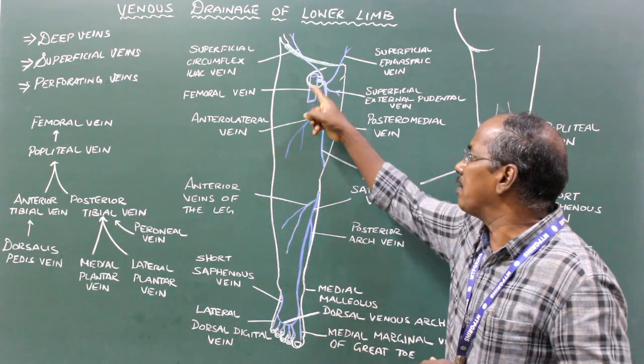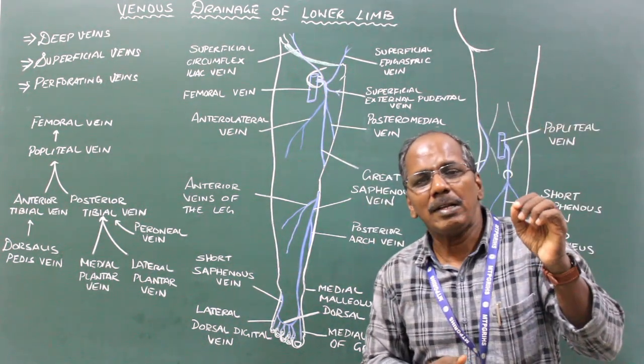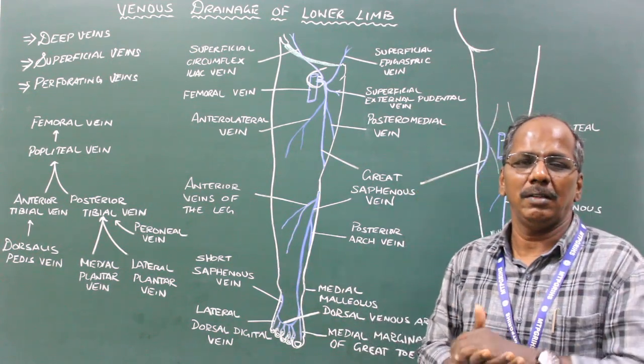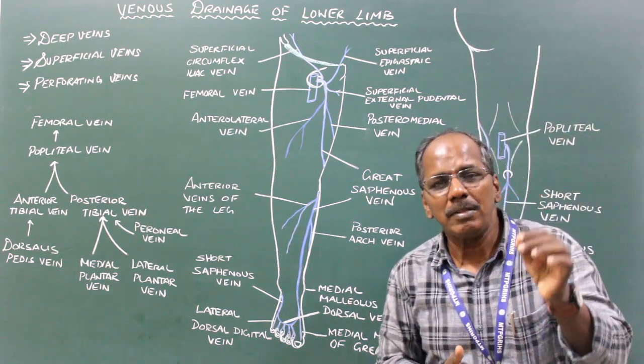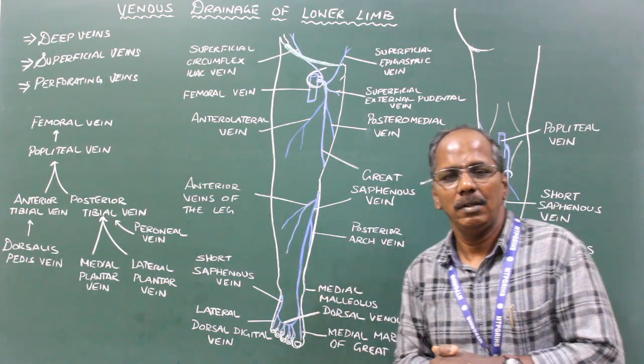This is the saphenous opening. It enters the saphenous opening by piercing the cribriform fascia and finally drains into the femoral vein by piercing the femoral sheath.